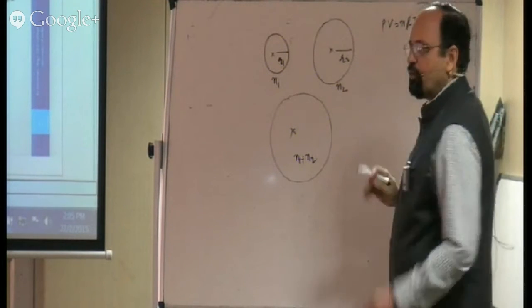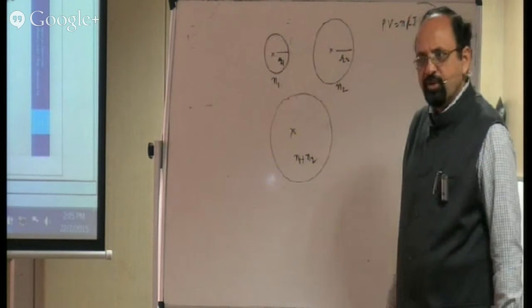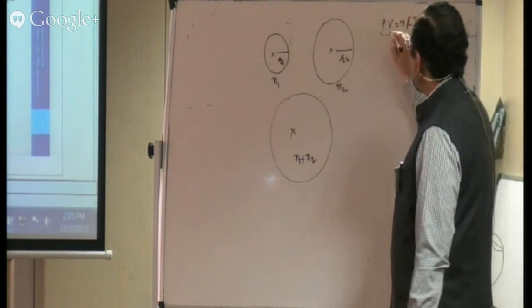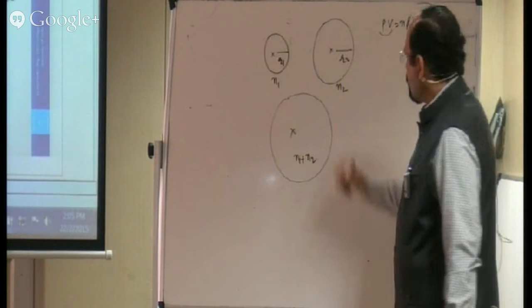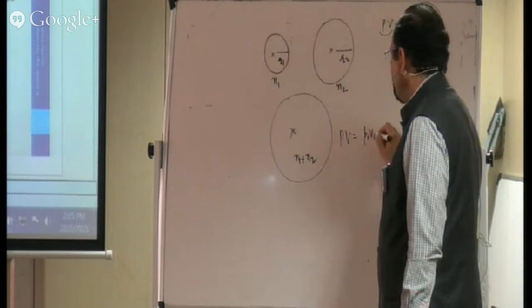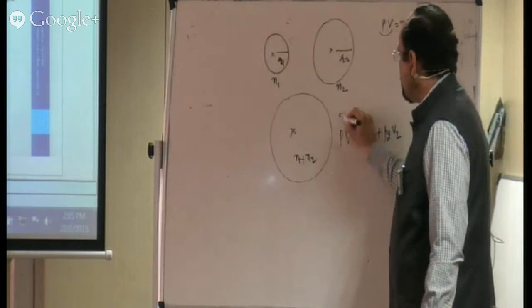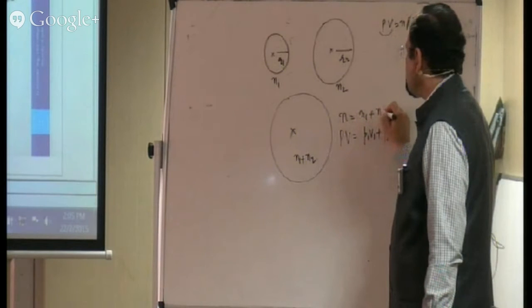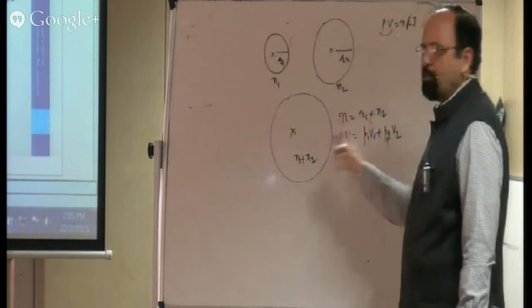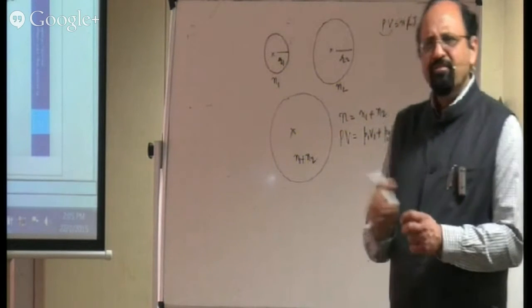R is constant, don't care for it. T is constant as it is given at a constant temperature. So what else is there? So I will write PV is equal to P1V1 plus P2V2. In fact, the number of moles here is equal to N1 plus N2. The constant factor will be out of the scene. Right? This is to save one step.